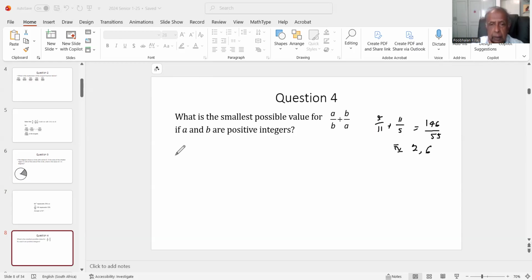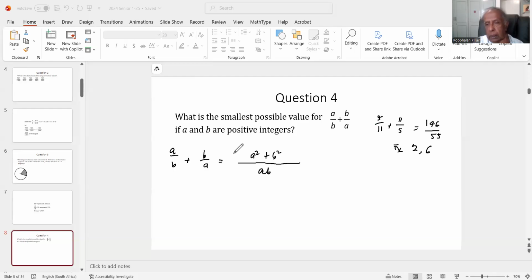Okay, now here's the mathematics again. Mathematics is so powerful. You can solve a lot of nice problems using algebra. Let's simplify this and see what you get. You get the denominator is AB, and the numerator is A squared plus B squared.